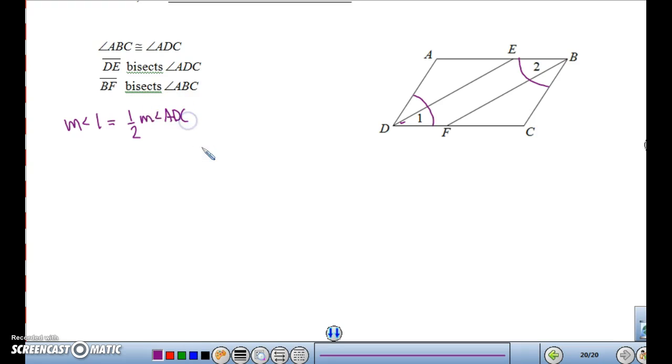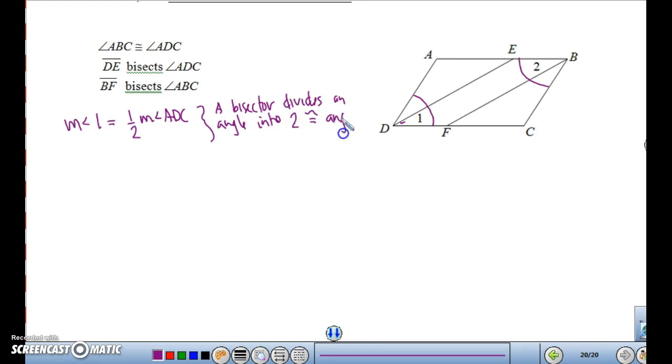The reason for that is because a bisector divides an angle into two congruent angles. And each congruent angle would be half of the original angle, correct?